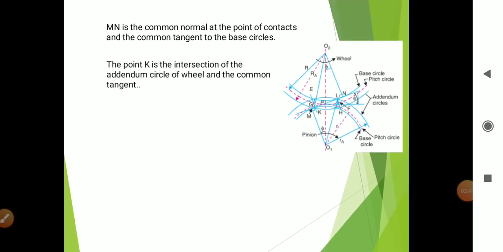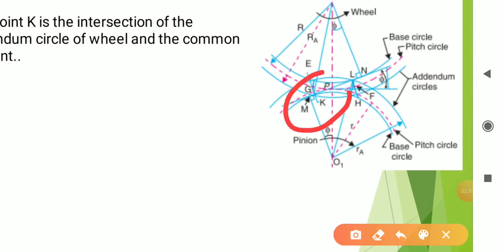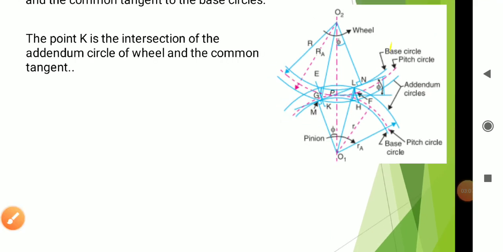The point K is the intersection of the addendum circle of the wheel and the common tangent. So this point K is the intersection of the wheel's addendum circle and the common tangent.